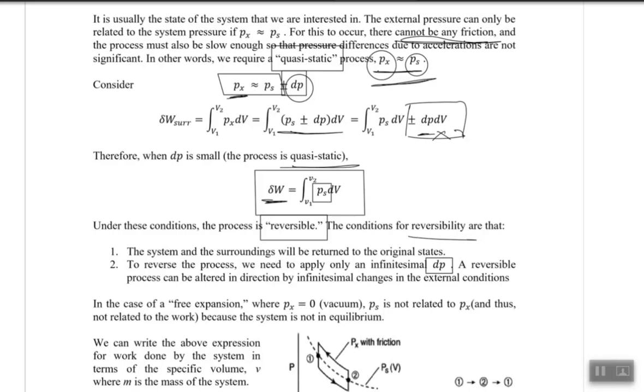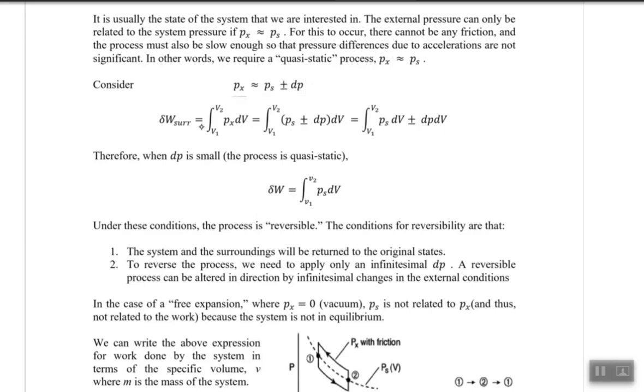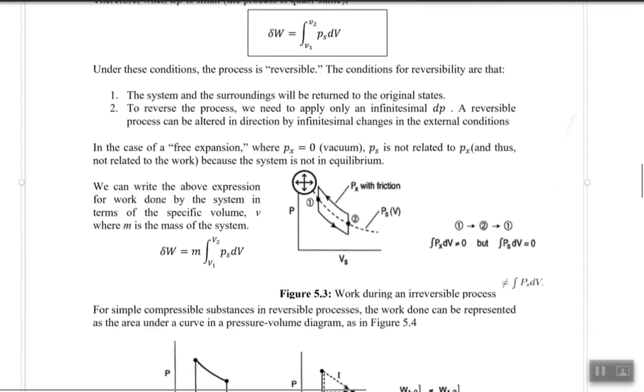So that means for a quasi-equilibrium frictionless process, the work done by the system on the surroundings is equal to Ps dV. And that's what we are doing now. In case of free expansion, I did explain this thing.